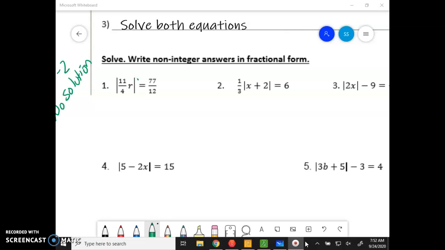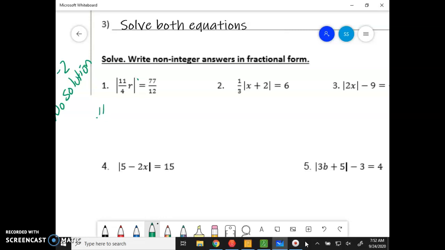There isn't anything on the outside, so we can move on to step 1.5. Is there going to be a solution? Yes, there is, because this is positive. So we can move on to step 2.